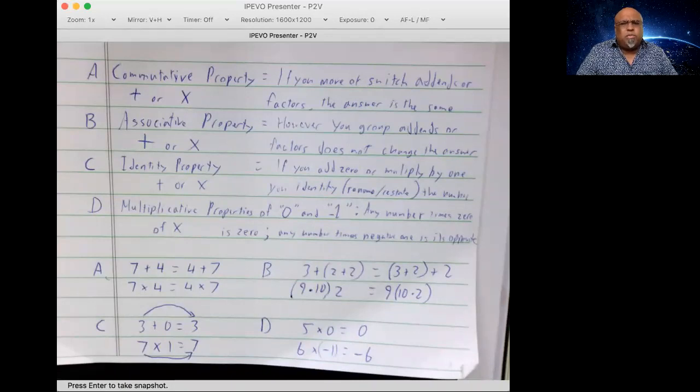Now, what's the purpose of doing this? Very simply put, sometimes you get problems that have numbers in an order that's not easy to add or not easy to multiply in your head.